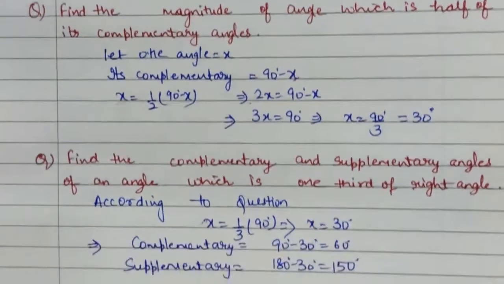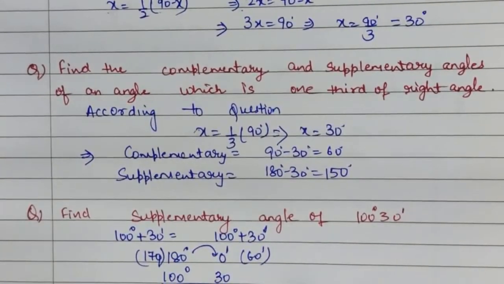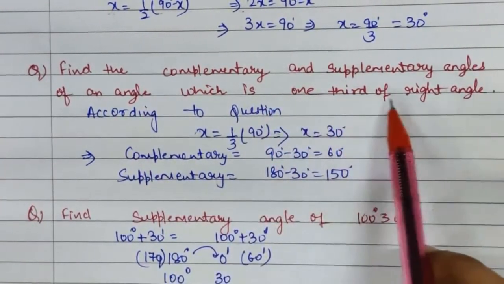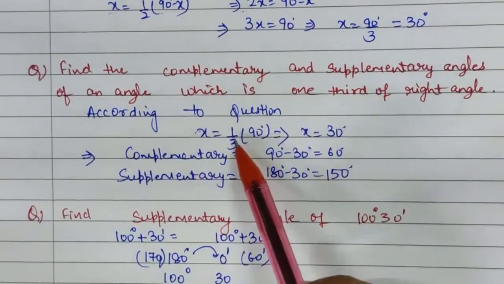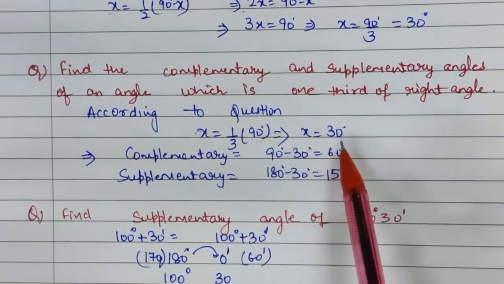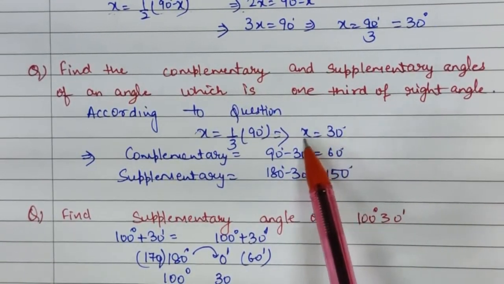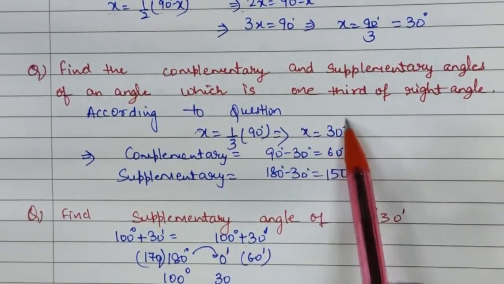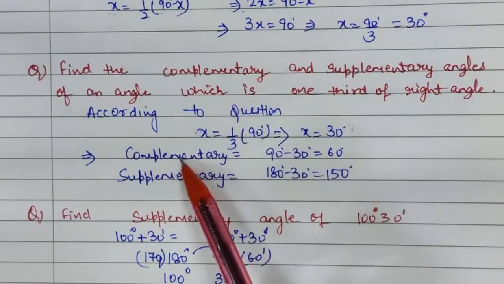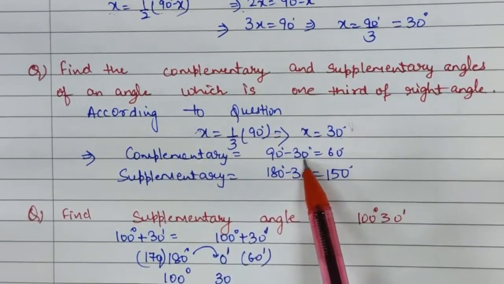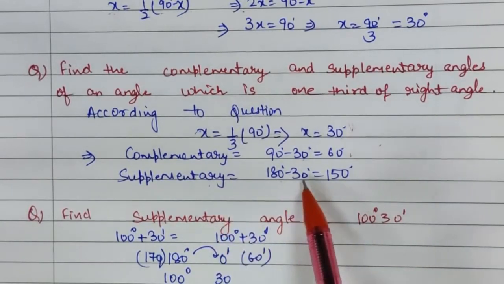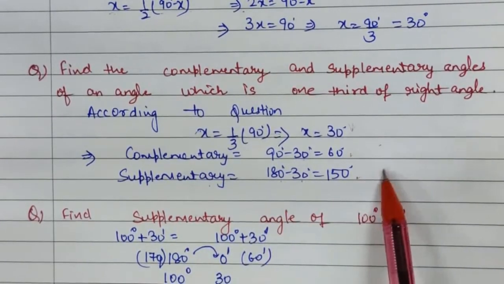Next one is find the complementary and supplementary angles of an angle which is 1/3 of a right angle. Now 1/3 of a right angle means the angle is 30 degree. Now we have to find its complementary as well as its supplementary. Its complementary will be 90 minus 30, 60. Its supplementary will be 180 minus 30, 150.